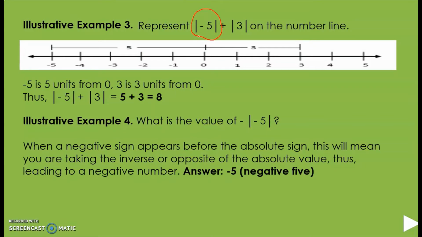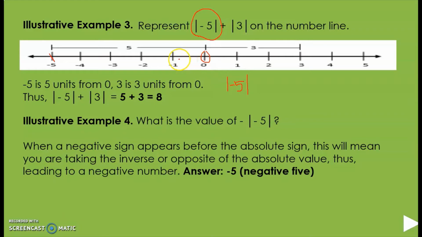Okay, so we're going to locate the negative 5 from 0. We're going to mark it. The negative 5 is found here. We have marked it, and we are asked to find the absolute value of negative 5, or shall we say, the distance covered between 0 and negative 5.